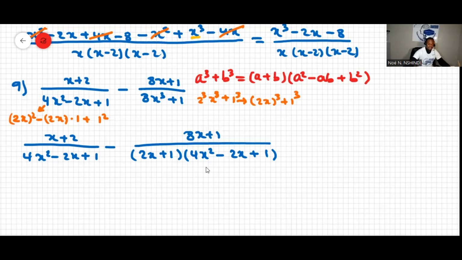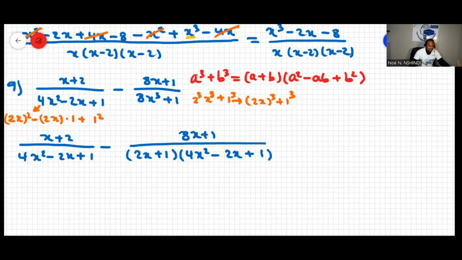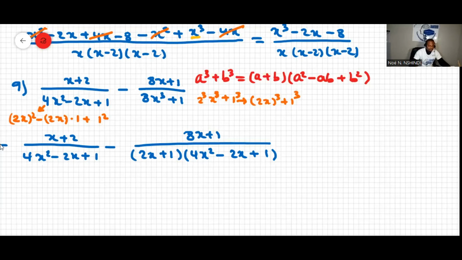Now we can complete what's missing. This part is missing. I can multiply here by 2x minus 1, and then multiply the numerator also by 2x minus 1. And then we have a common denominator. Now all we can do is combine the numerators.